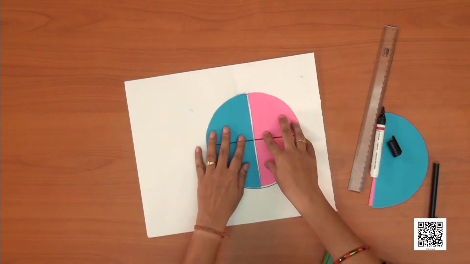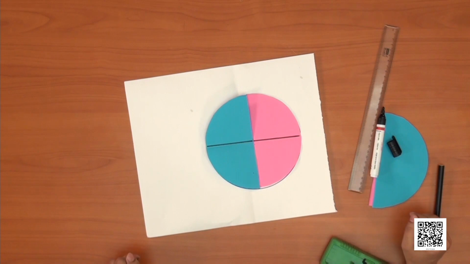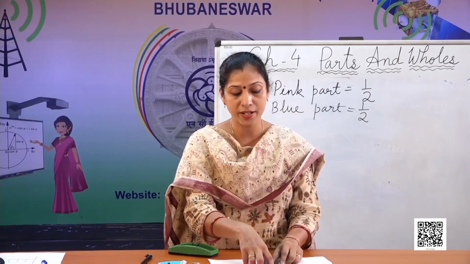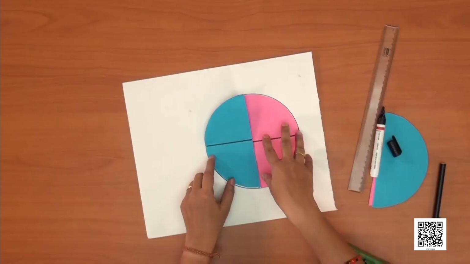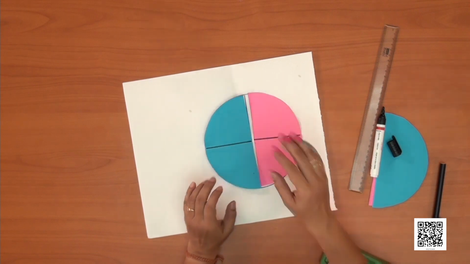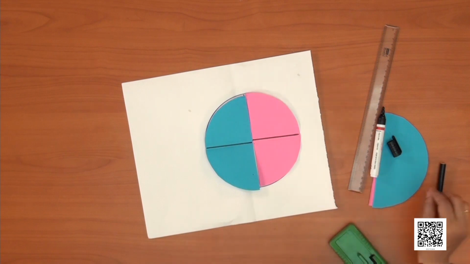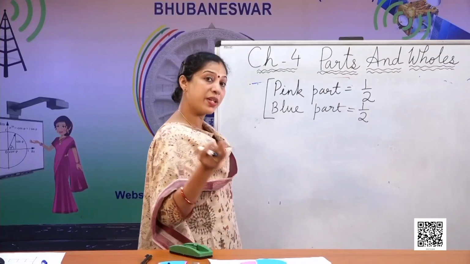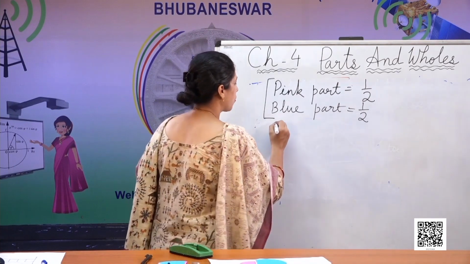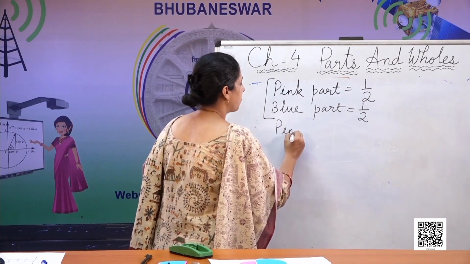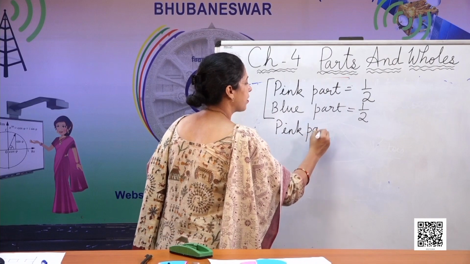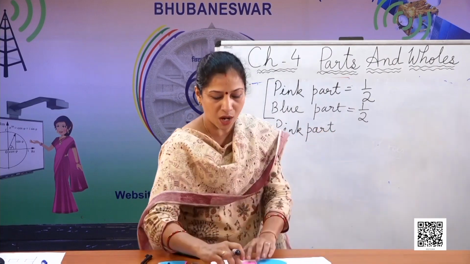Now can you tell me how many parts out of the whole are colored in blue and how many parts are colored in pink? Yes, now we can tell. Now we have divided again into half. So the colored pink part is equal to how many parts? 1, 2.